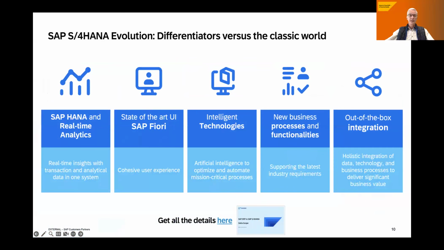Our ambition for S/4HANA is not just to be an electronic filing cabinet, where I can bring my data in safely and get it out again in a structured way, but I want my next generation ERP system to make use of the data that is in my system, because that data reflects knowledge about the way I'm doing my specific business, about the aspects in which I'm better than my competition.